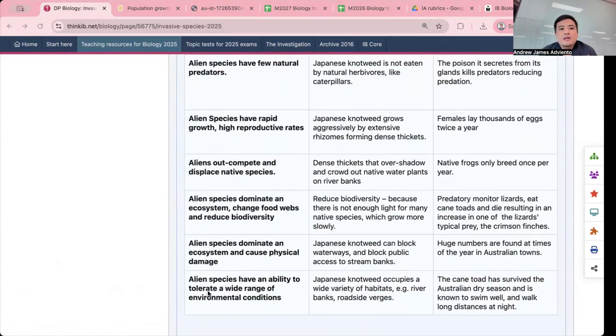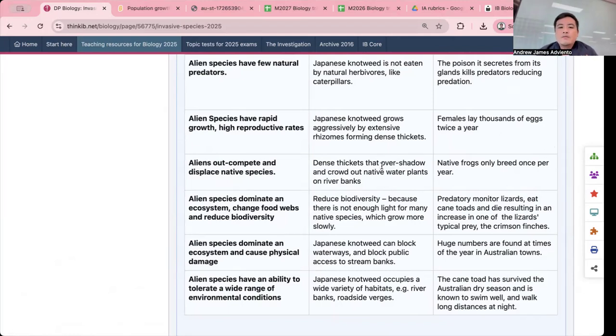When invasive species establish themselves, they can have a variety of negative impacts on native ecosystems. Number one, of course, is competition. They compete with native species for limited resources like food, space, nutrients, light. Over time, this competition can displace native species, reducing their population.